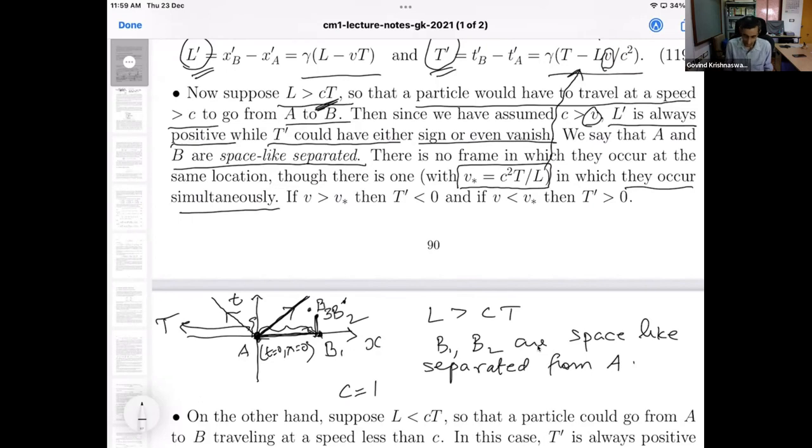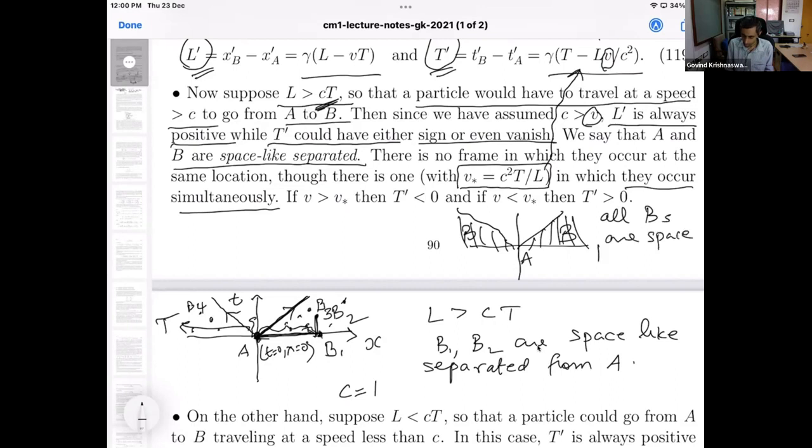In fact, every event in this wedge and also in this wedge, all these B4 and so on, are space-like separated. From this figure, we can infer that if A is here, then all B's in this wedge and that wedge are space-like separated from A.